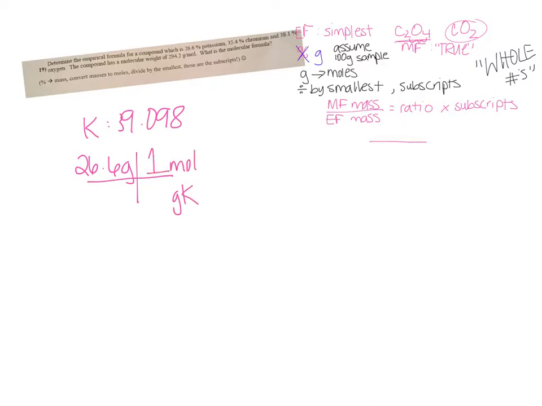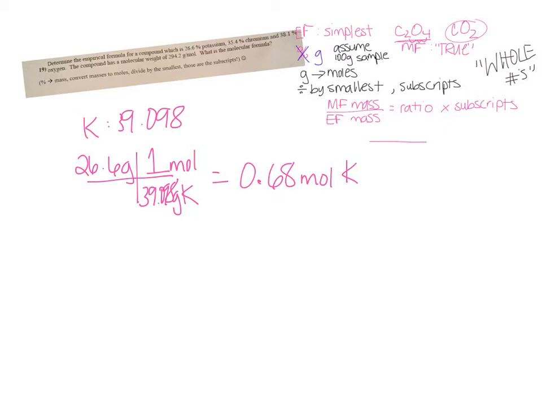So 1 mole is equal to 39.098. So when you type that into your calculator, you should be getting, just 2 decimal places to keep it easy on us, 0.68 moles of potassium, okay?